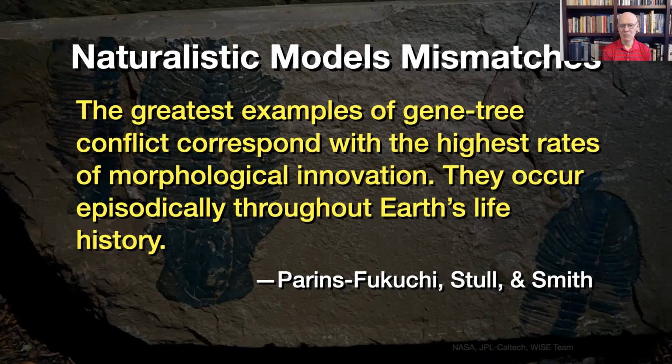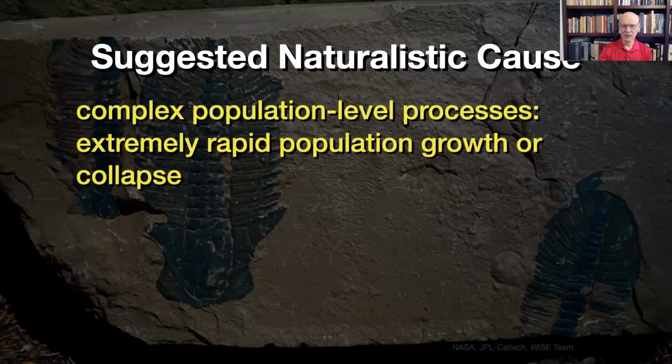And so they attempt in the paper to explain how this could happen from a naturalistic perspective, and to basically make the point that complex population-level processes are what's going to explain what we see there. What they mean by complex population-level processes is that these species of life are experiencing either extremely rapid population growth or extremely rapid population collapse.